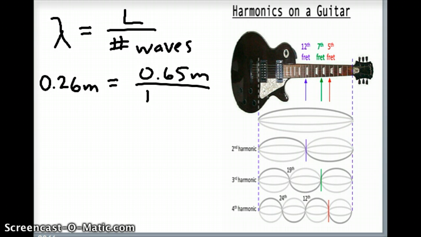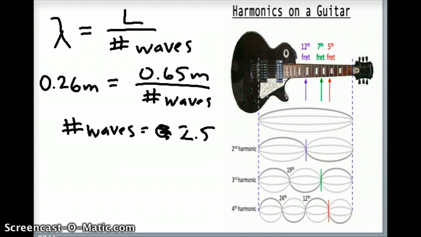All we have to do is solve for the number of waves. So if we can figure out the number of waves using some algebra, the number of waves should equal 2.5 waves. So we get 2.5 waves.